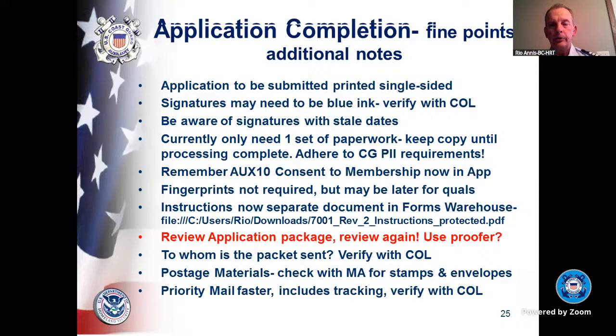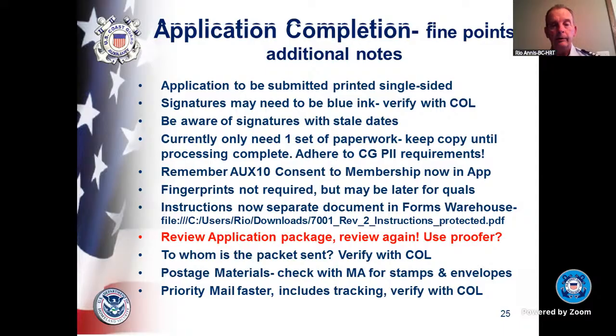But I highly suggest that you keep a copy until processing is complete, and then you can get rid of it afterwards once they're accepted. On the off chance that something goes missing before it gets to Director of Auxiliary, you've got a copy on hand. It's easy enough to send that in afterwards without having to redo the entire package all over again.